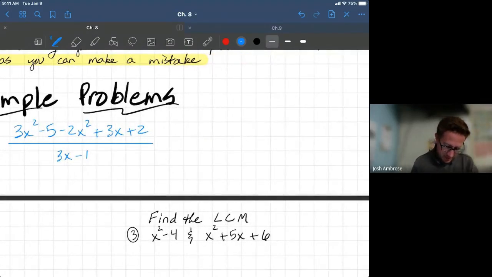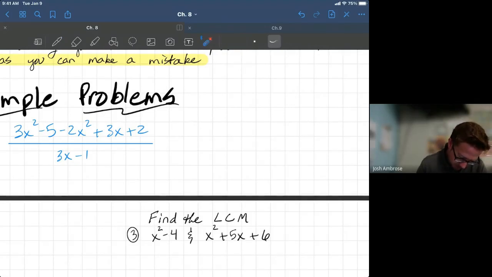Now find your like terms. Okay, so we're going to have some like terms, the 3x squared and the negative 2x squared. All right, these guys are just going to become x squared. Then let's look for anything else. We have a 3x. I don't see anything else with just a regular x, so that's plus 3x.